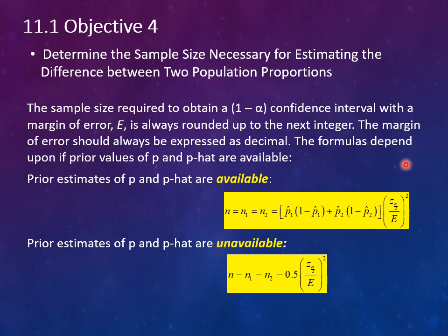We're looking at this longer formula here. So you use this longer formula if you have prior values from a sample that you're comparing. If you don't have them, then you use the formula, and again, both sample sizes are going to be the same, and you have just 0.5 times z alpha over 2 over the error rate E, squared. Let's do a quick example and we'll wrap up this lecture.